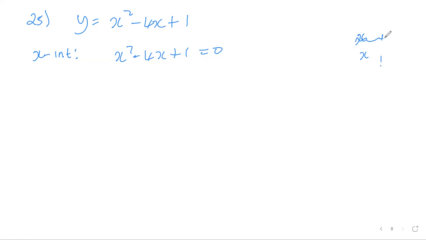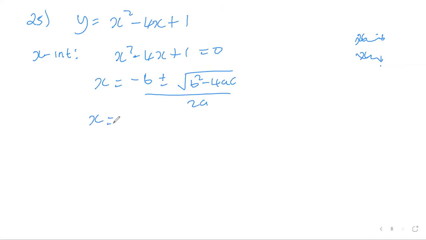Now if we try using our quadratic formula, x equals minus b plus or minus the square root of b squared minus 4ac over 2a, to solve for x.